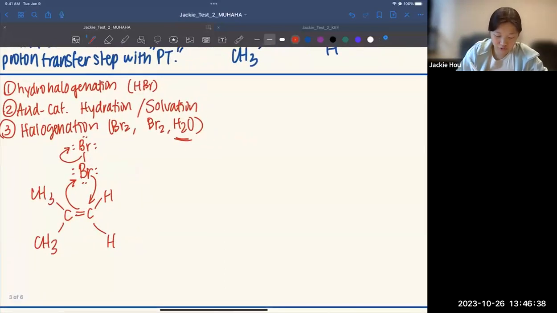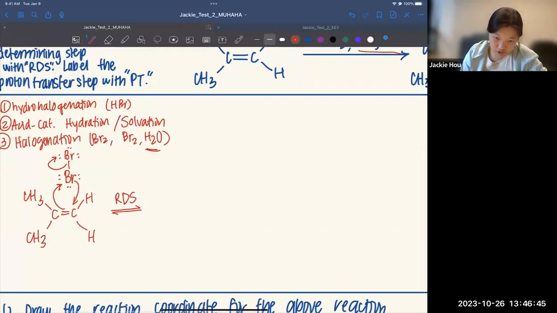So you're going to actually form an intermediate. So this is, again, your rate determining step. Your first step is always going to be the rate determining step because that's when you break your pi bond. And then you end up forming this structure.